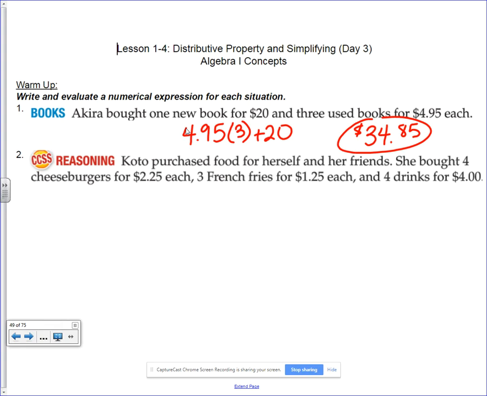All right, so what do you think? What are we going to do here? Okay, what else? Keep going. Wonderful. So how much would she have had to pay for that food for her friends?